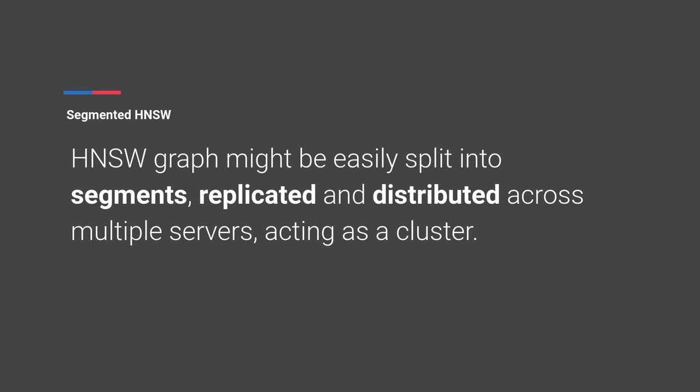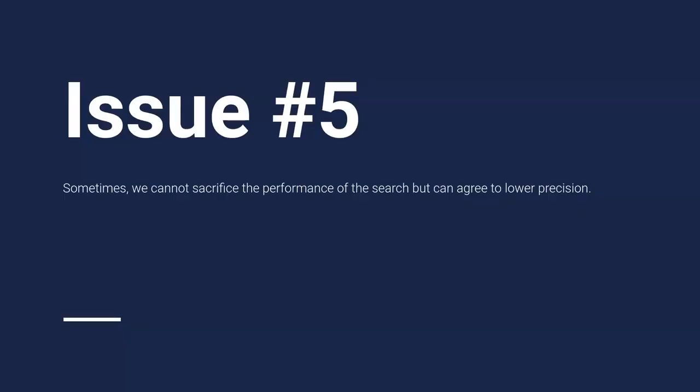That will be the map phase, and then the reduce is to choose the closest points from all those subqueries that we have sent before. So that might be easily replicated and distributed across a whole set of servers, acting effectively as a cluster. This is a pretty good choice when it comes to vector databases, and that's also why the majority of players here use that specific algorithm.